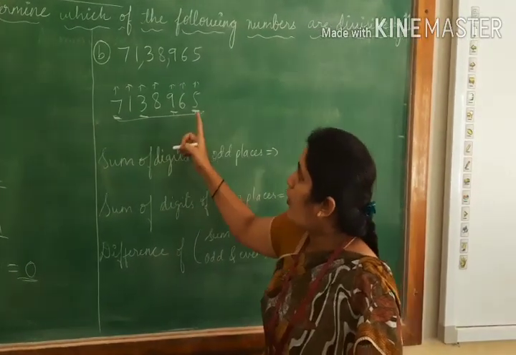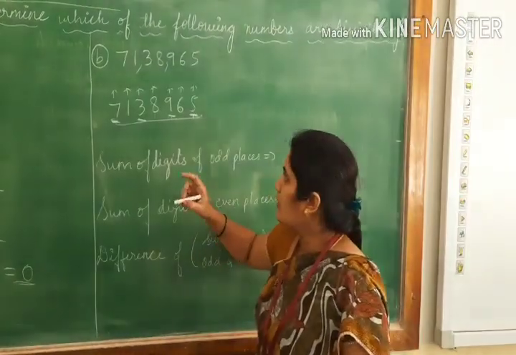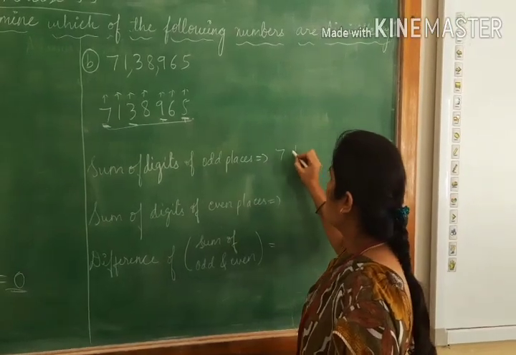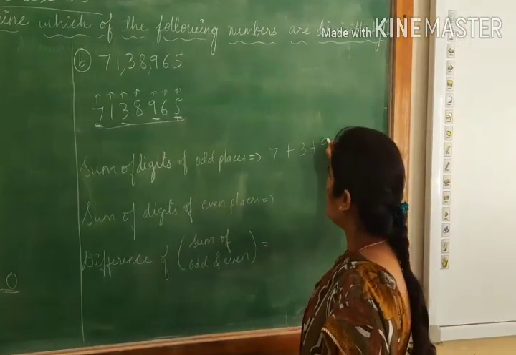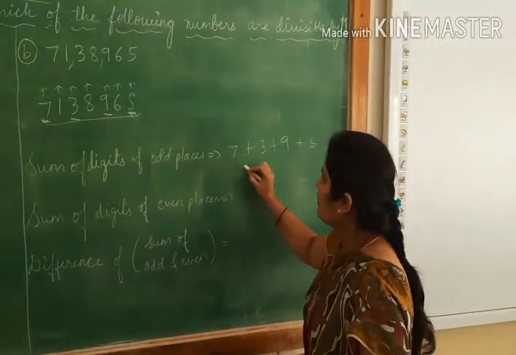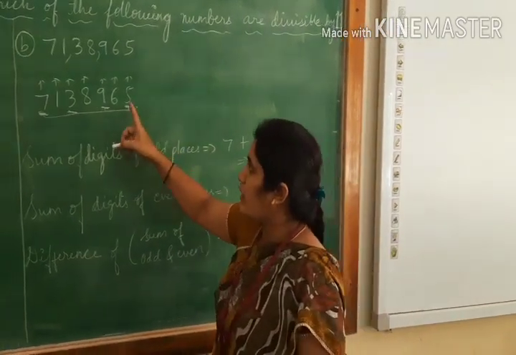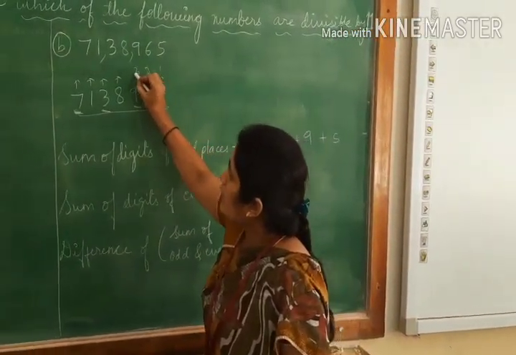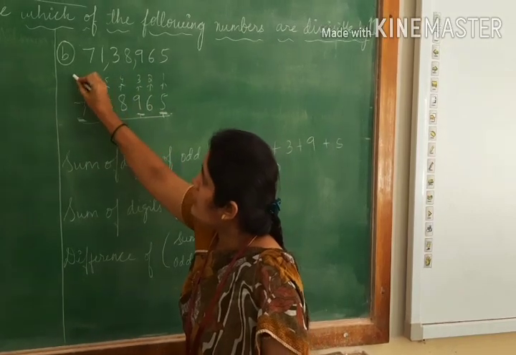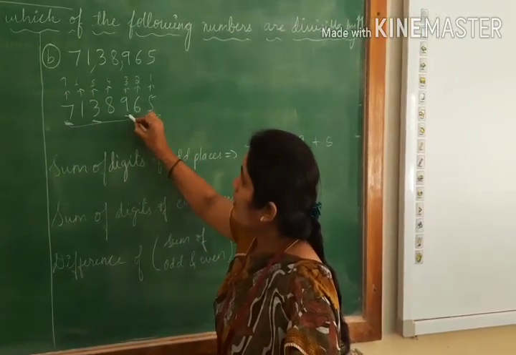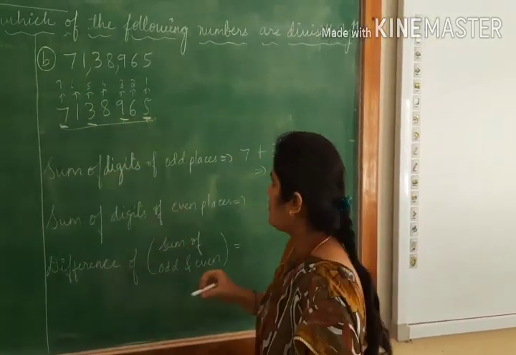Now let me take all the digits which are in odd places: 7 plus 3 plus 9 plus 5. Counting 1, 2, 3, 4, 5, 6, 7, we are considering only the 1st, 3rd, 5th and 7th places.